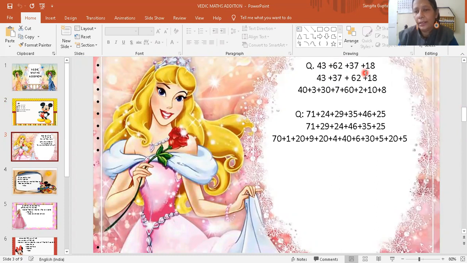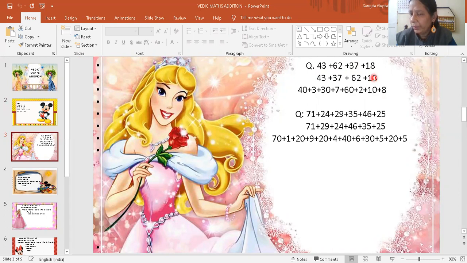You can make the calculations very easy through Vedic maths. Let's see how. This is 43, ending with 3, and 37 ends with 7. At the unit place, 3 plus 7 will become 10. And look at 62 and 18. At the unit place, 2 plus 8 will become 10.